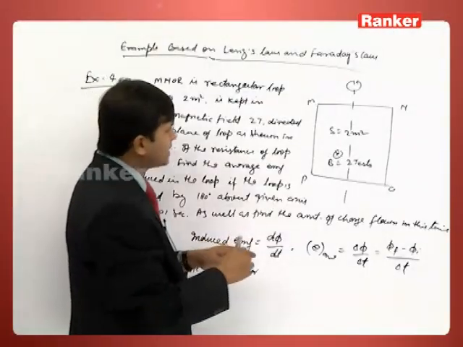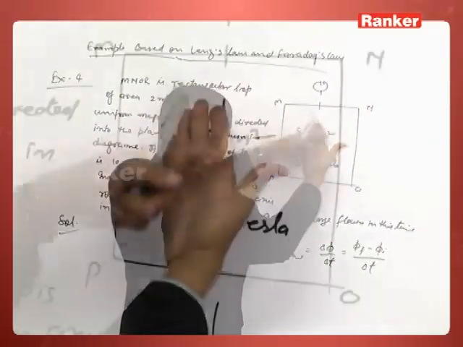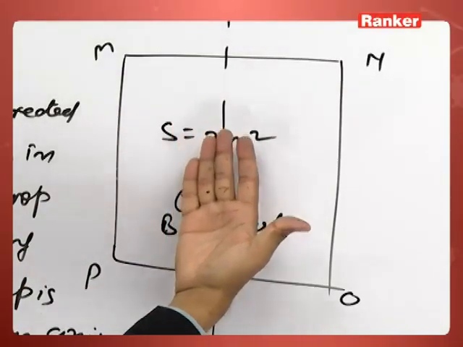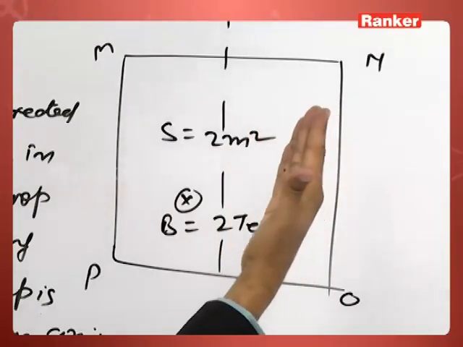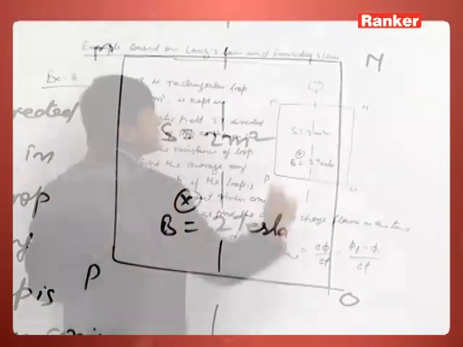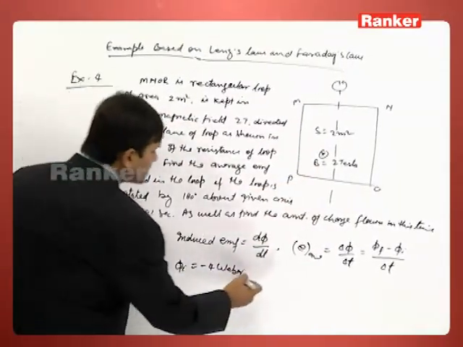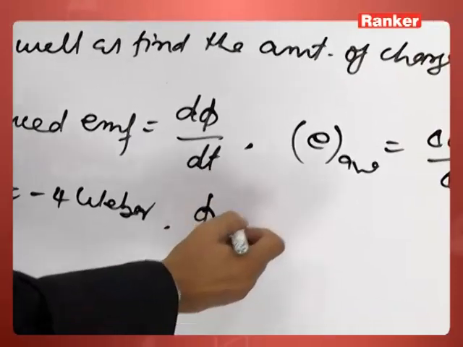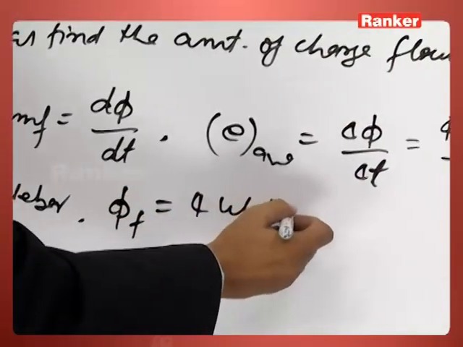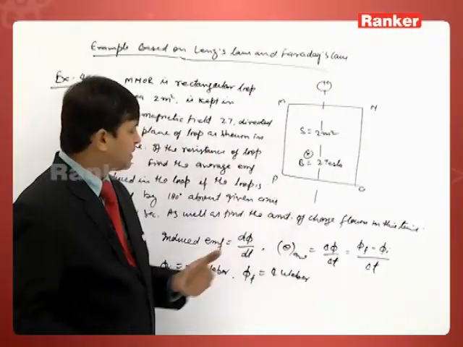Now when it rotates by an angle of 180, just like my palm, which is right now towards the outside, when it rotates by 180 the palm will be inside. The area vector goes inside, and the magnetic field is also inside. Then the final flux is of the same magnitude but positive: final flux is 4 Weber.